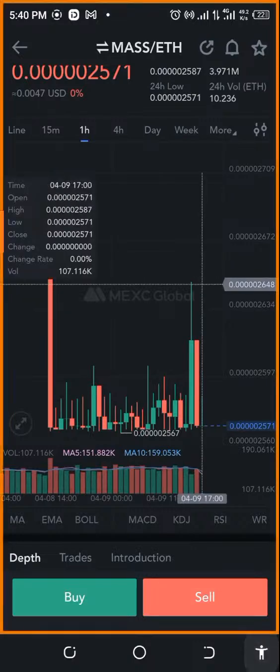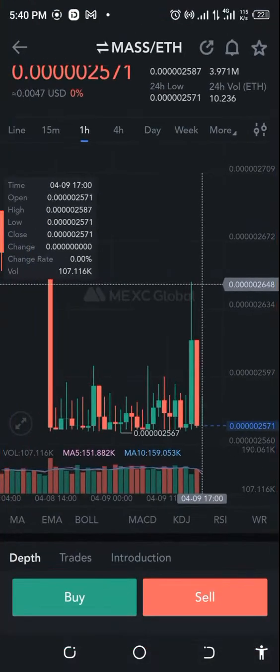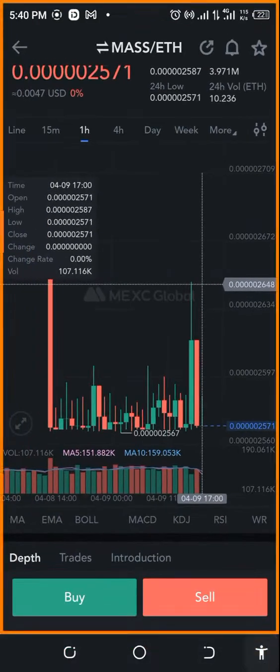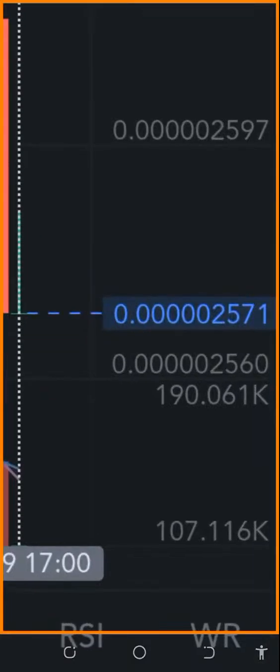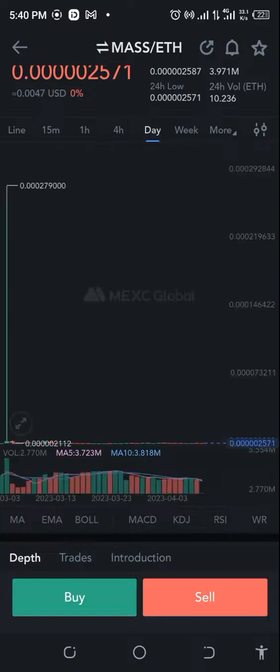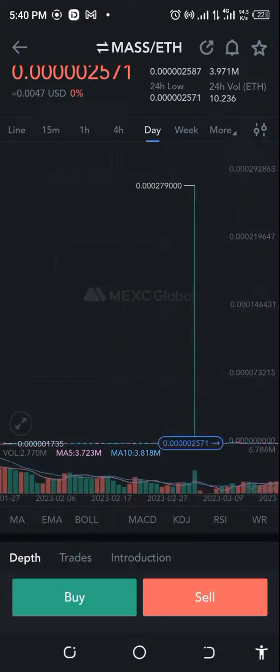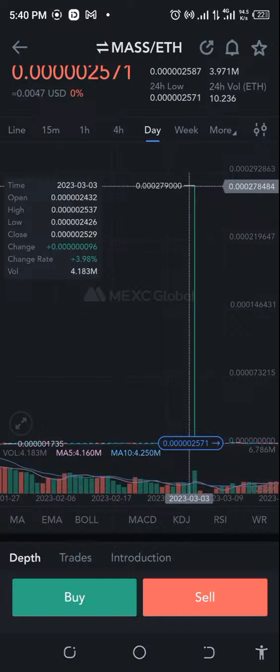This is like 2648. And now we're back at 2571. Let's go to 1 day and see what I'm talking about. Here you can see how high it went. That's really high.